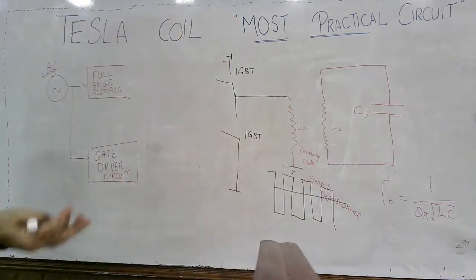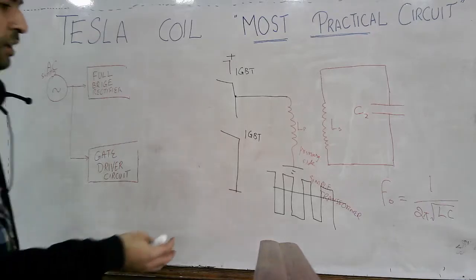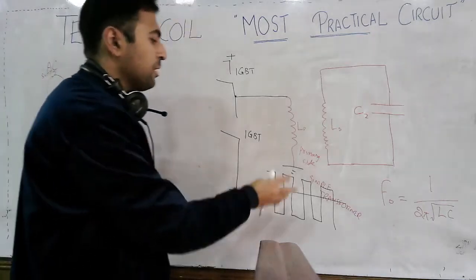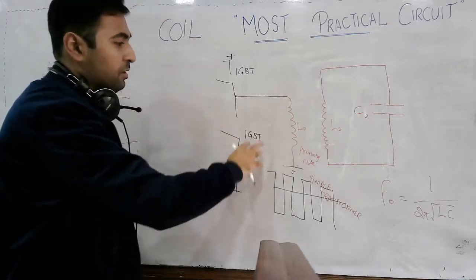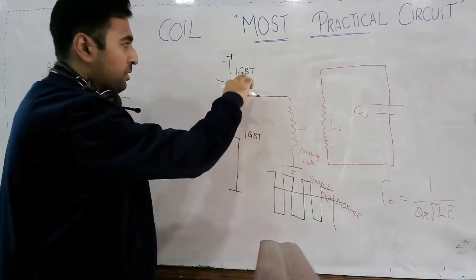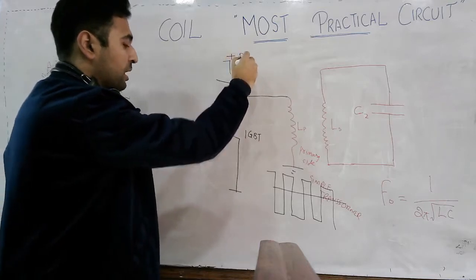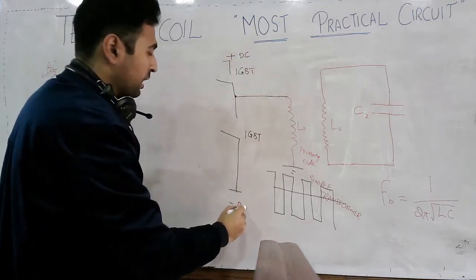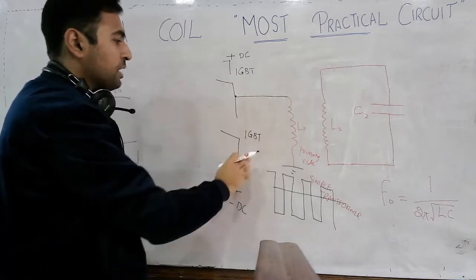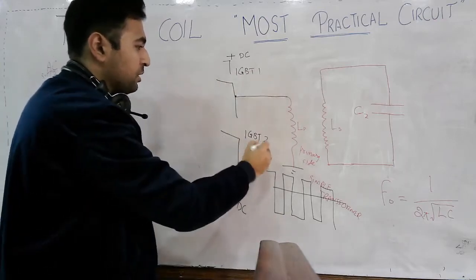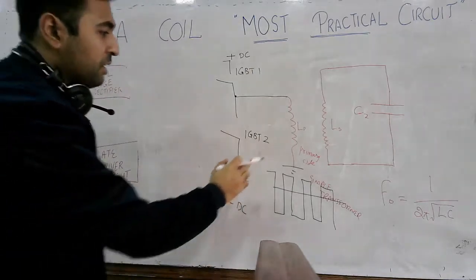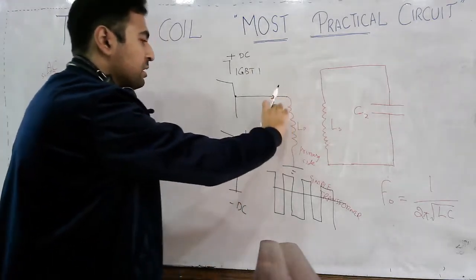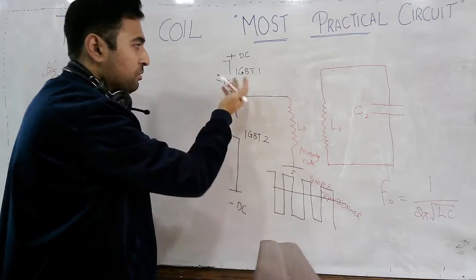But things are not like that as you are looking here. I have just explained the concept. Now let's enter into more detail. Before I proceed, let's review the concept. Here we have the positive DC voltage, and here you have the negative DC voltage, and here you have two IGBTs, IGBT1 and IGBT2, and here you have a primary side, and the waveform which we are generating here is by using PWM.